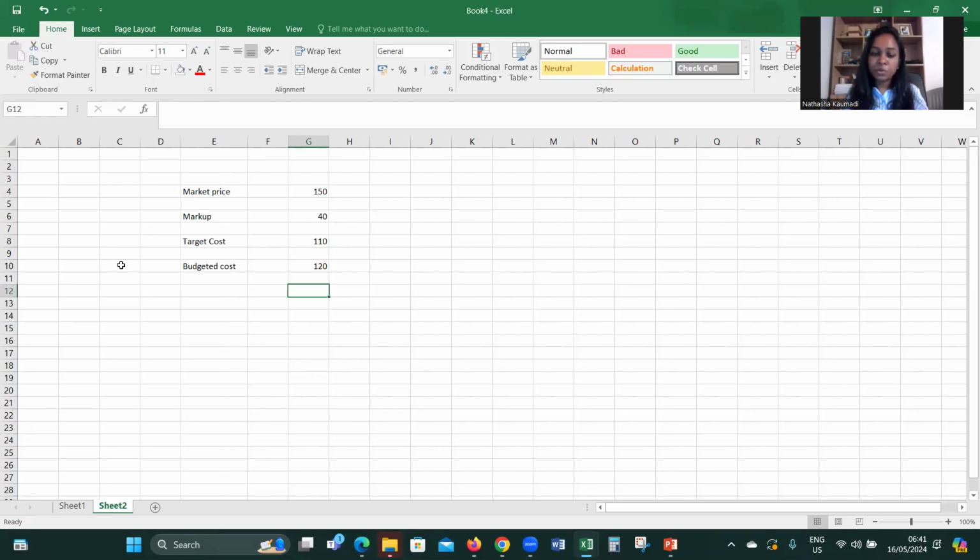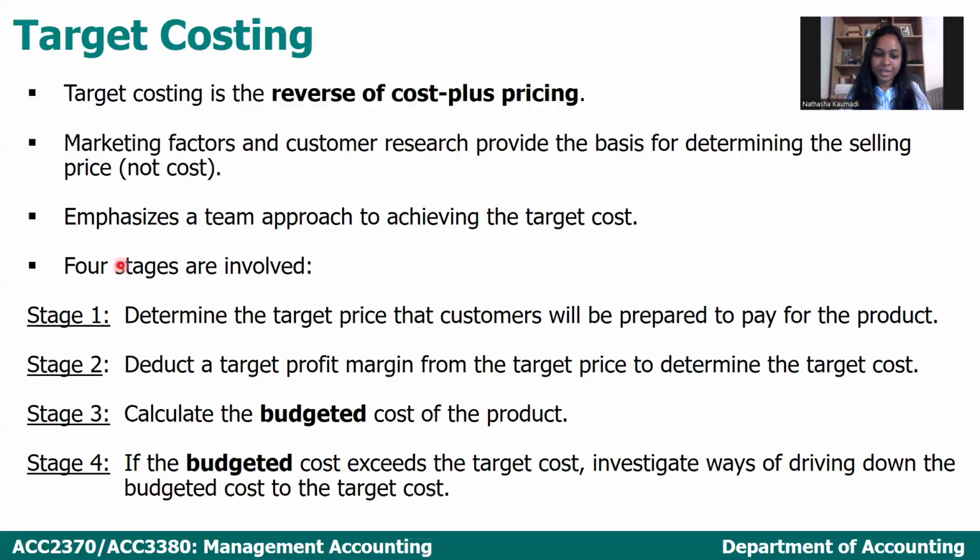What is the cost gap? Minus 10. You need 110, but you have 120 cost. So you will have to reduce your cost by 10 rupees. So calculate the budgeted cost of the product. That is step number 3.